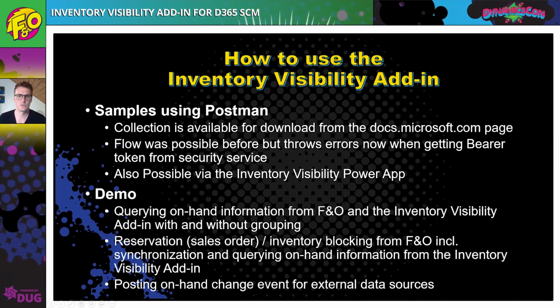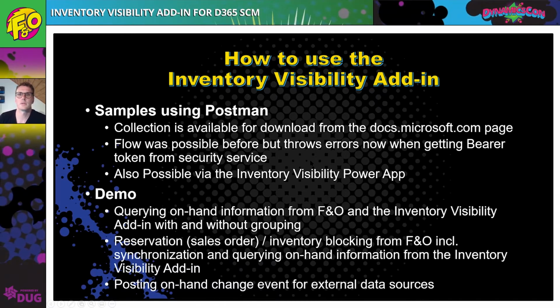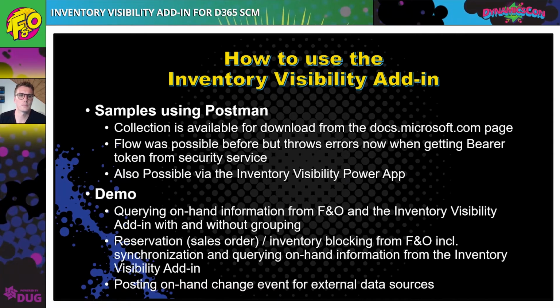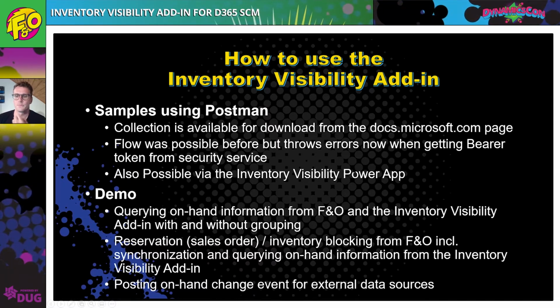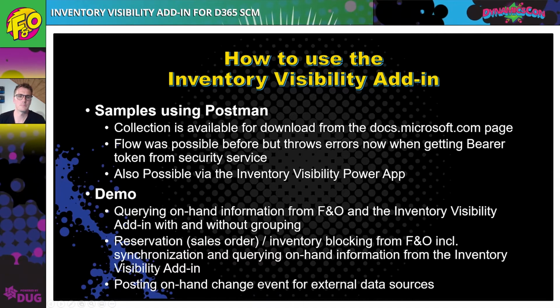Now with the GA version, something has changed, and because of that, Flow or Power Automate is no longer possible. Also, I will show you that it is possible to query or use the API directly in the inventory visibility Power App. Yeah, but most of my demos are based on Postman.